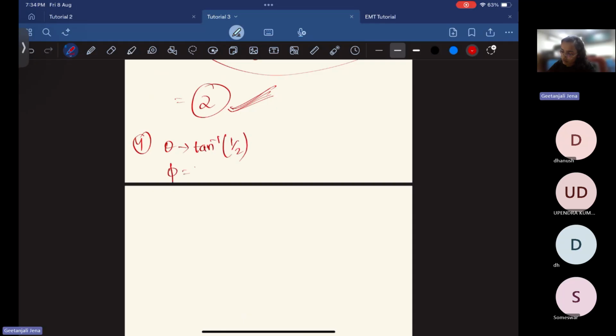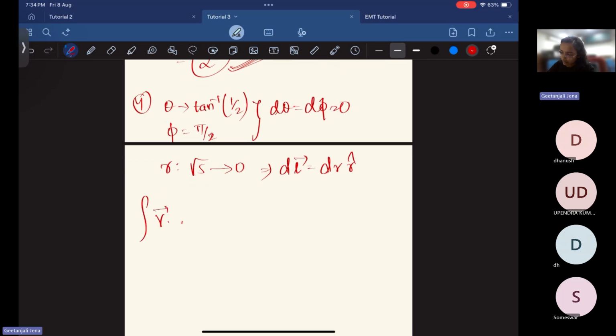Phi is constant. It is pi by 2. So this says d theta is 0, d phi is 0. So R is changing from root 5 to 0. So that means dl is dr r cap.